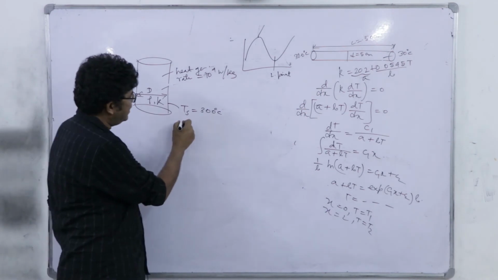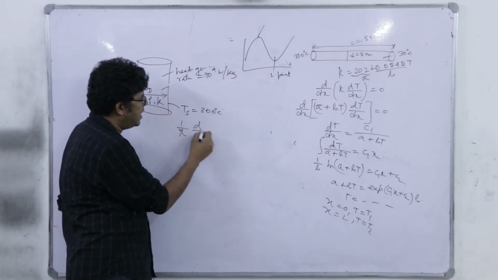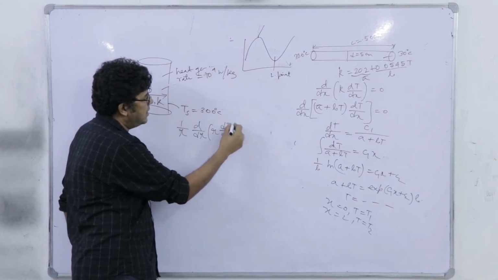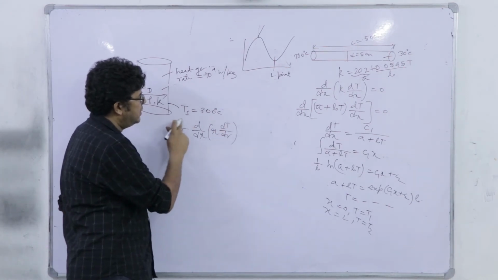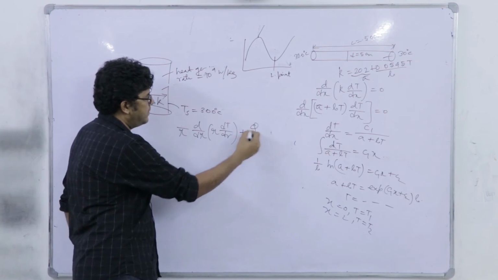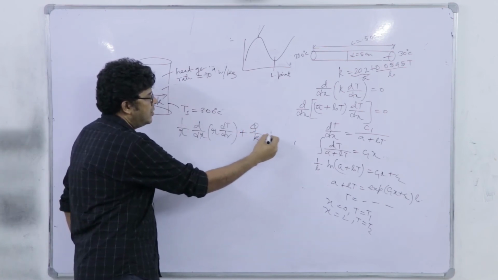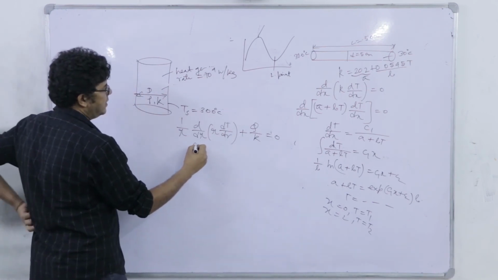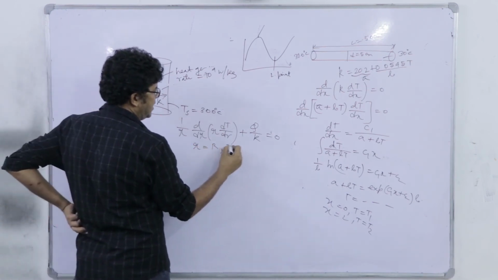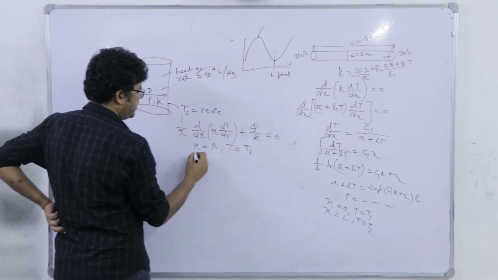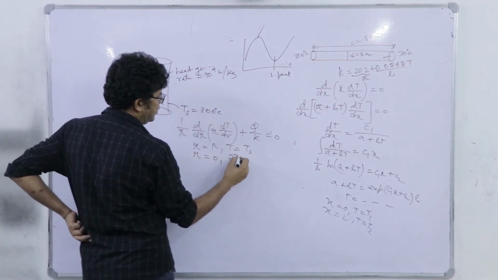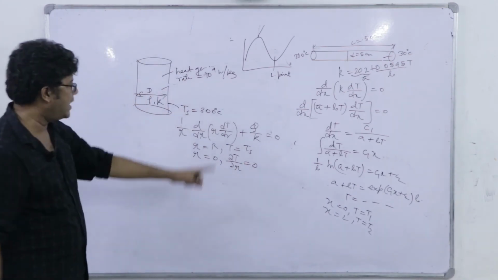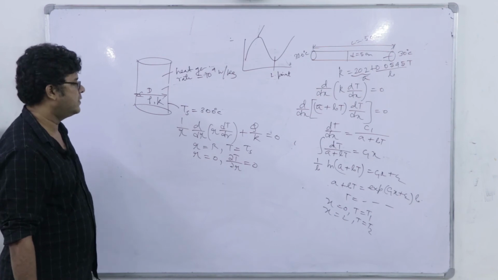For steady state, you know this equation: 1 by r d/dr of (r dT/dr) plus q by k equal to 0. The boundary conditions will be at r equal to capital R, T equal to Ts, which is given, and at r equal to 0, dT/dr is 0, the axisymmetric condition. This is called the axisymmetric condition over the center line.